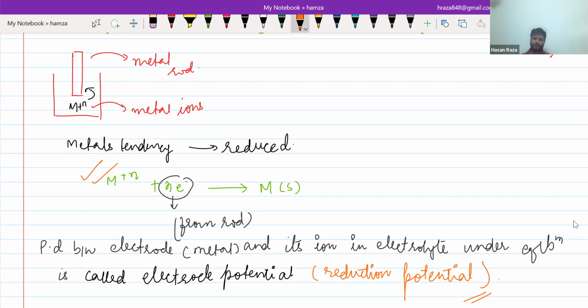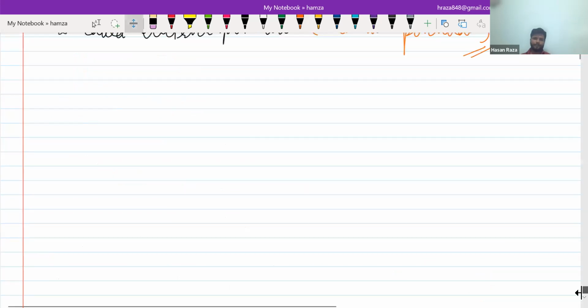Very good. Now see, factors on which, write a topic.